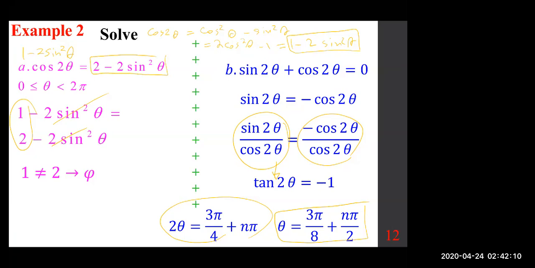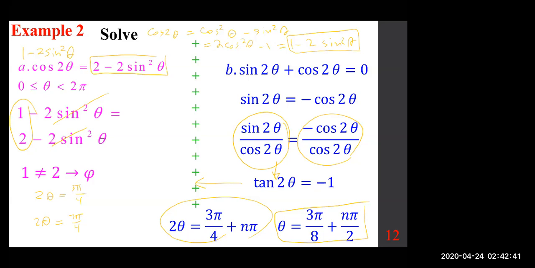However, the way I explained it last time, I want everybody to see what happens here: 2 theta is either 3 pi over 4 plus n pi, or 7 pi over 4 plus n pi.